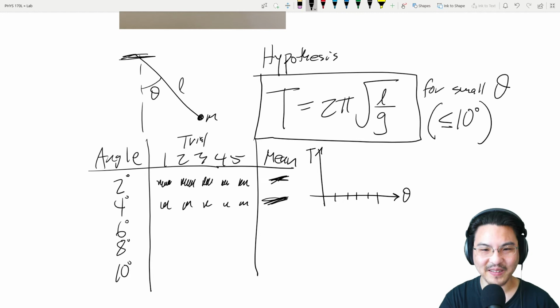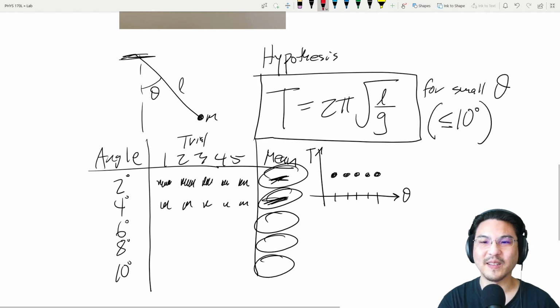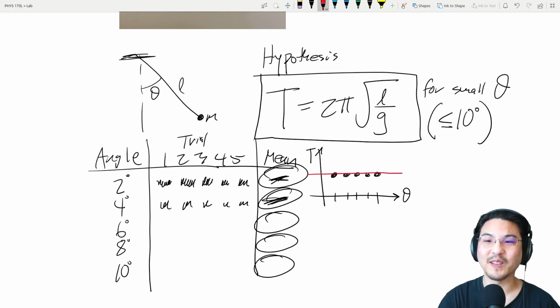So you collect data, graph it, right? So here, if you have the period, each of these data points on your graph comes from the mean of your trials. And then you do a trend line like this, and then you look at the equation of the trend line. We're hypothesizing that the slope will be close to 0.